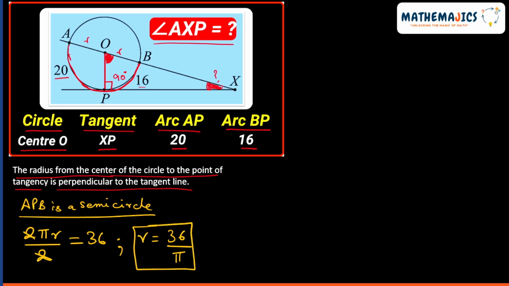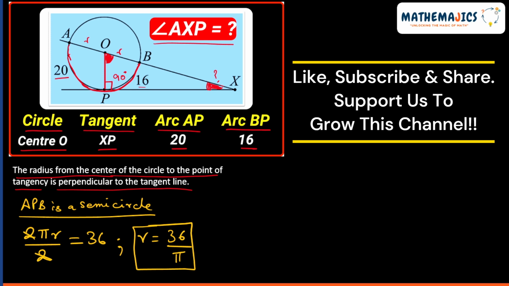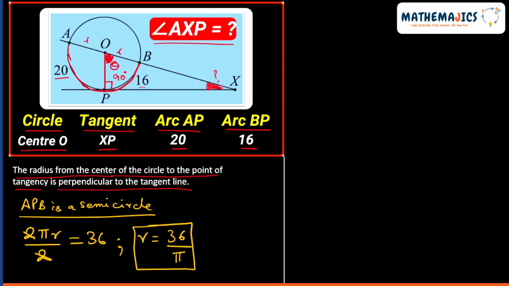Now, using this radius, I can easily find this angle POB. Let angle POB be theta. This angle is subtended at the center by arc PB.